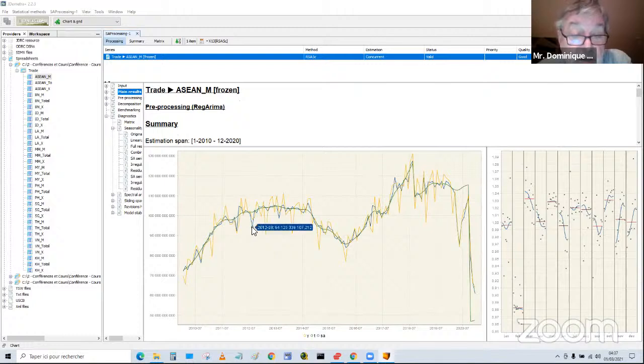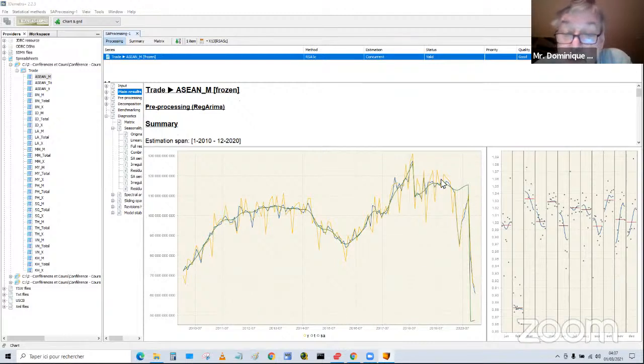So I check that I have a peak in August. Why did I do that? It's just because I was wondering if I do not have a trading day effect due to the Chinese New Year that is not taken into account by the calendar effect we are working on at the moment, okay? So I was checking that. It's not the case. It doesn't seem to be in the first 2 months. Here it's in September, here in January, yes, but here in August, here in August too. So, okay, just checking.